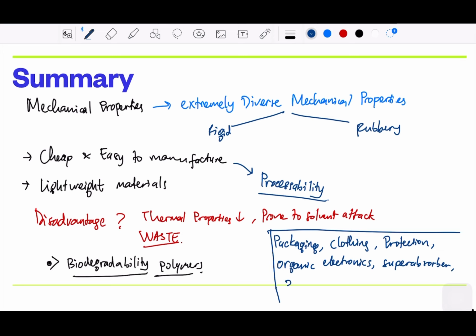And in the semiconductor, for the thin film, it's also an application for photolithography. Some examples and more. This is just me trying to categorize the applications.